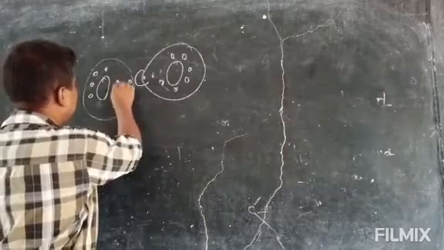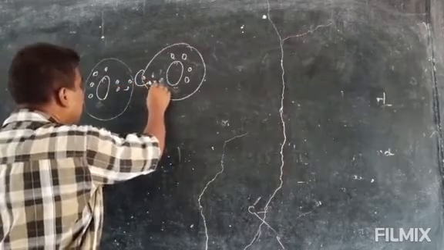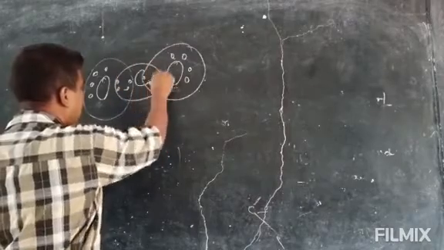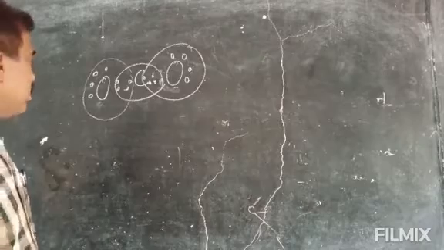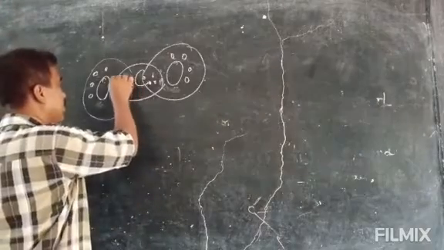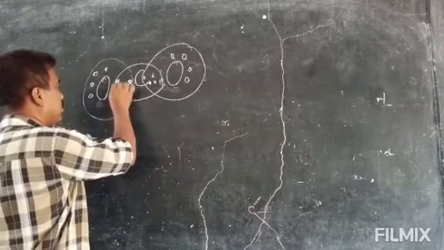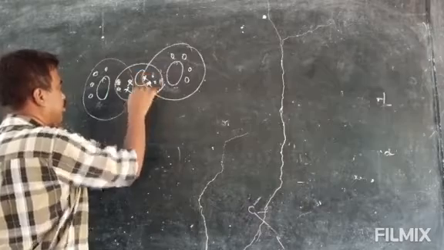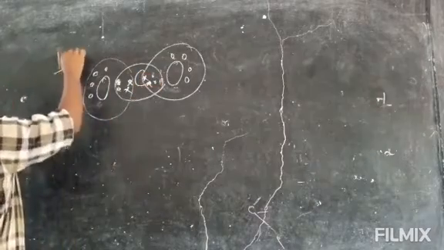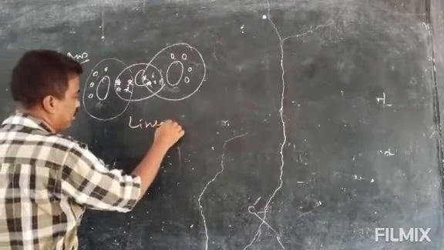So these two are here, and these two should be here. So carbon also gets 8 electrons. So this is the electron dot structure of carbon dioxide. That is our question number 1 answer. It is a linear structure.